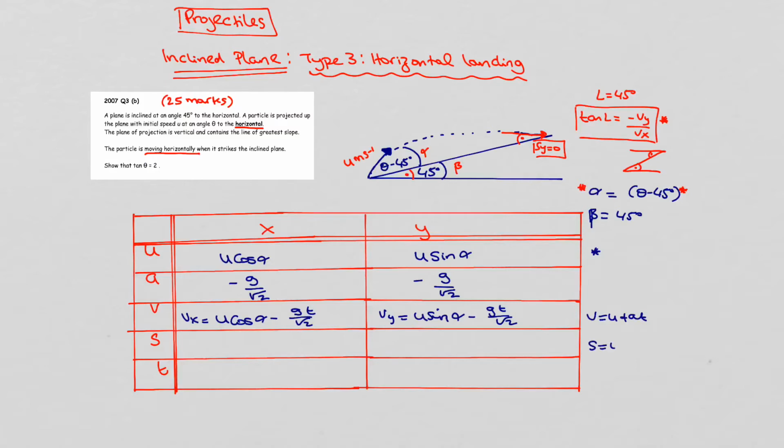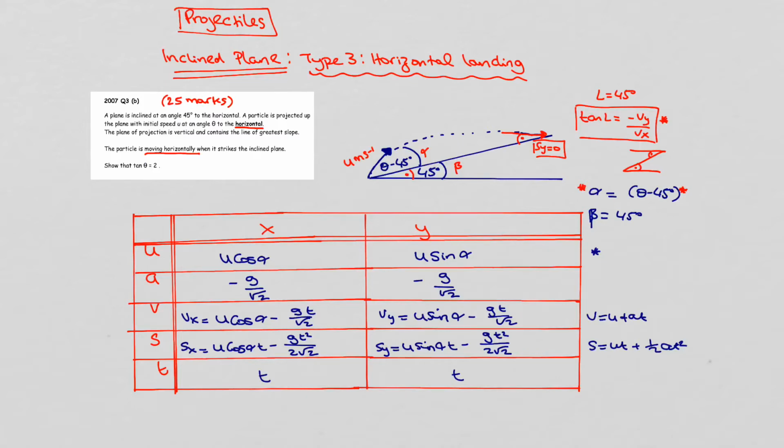Then s is equal to ut plus a half at squared. So s in the x direction is u cos alpha t minus g t squared over 2 root 2, and s in the y direction is u sine alpha t minus g t squared over 2 root 2, and t for time is just going to be t.